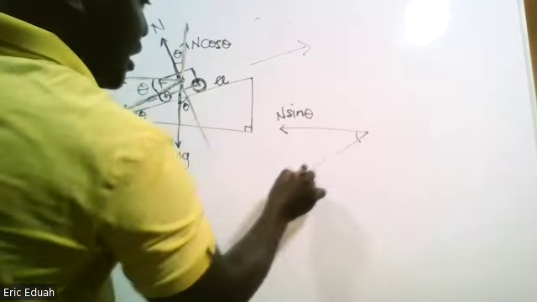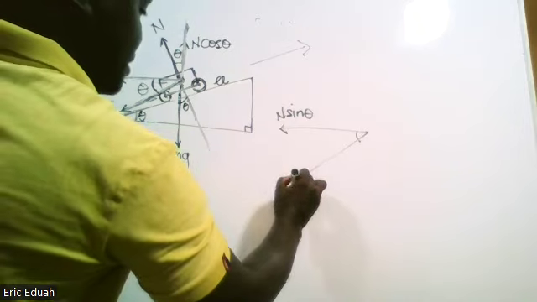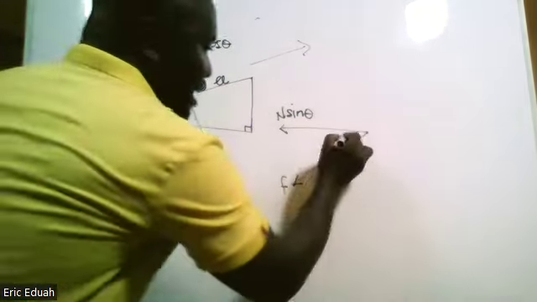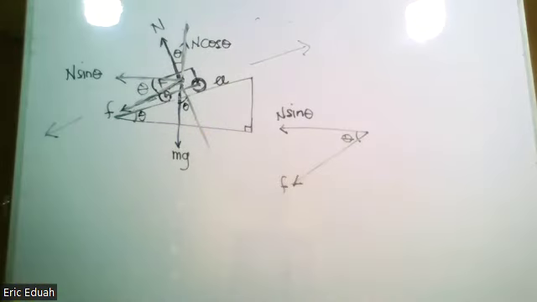So we have a situation like this. F through an angle theta. It means that we can also resolve the frictional force F into components, right? We can equally resolve the frictional force F into components.